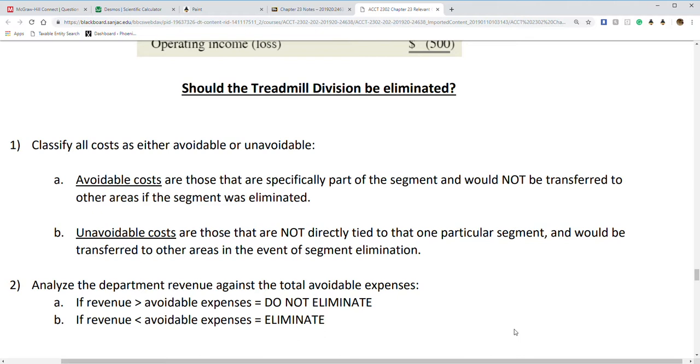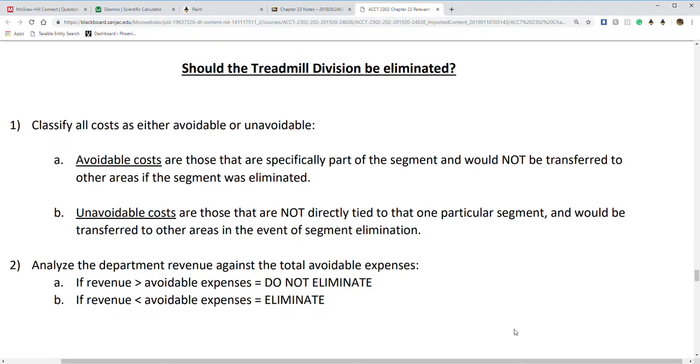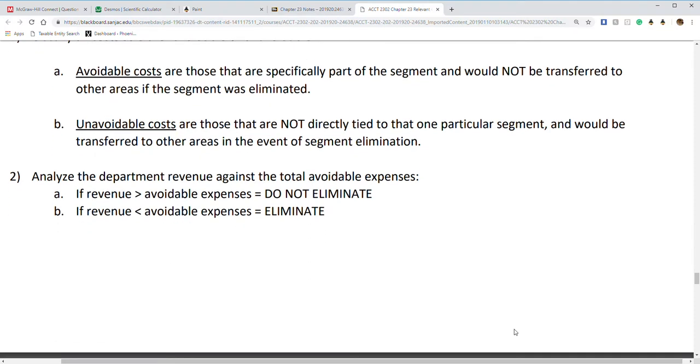So the question here, this is our scenarios. If revenue is greater than avoidable expenses, we do not eliminate. It stays. If revenue somehow is less than avoidable expenses, we must eliminate, must get rid of.